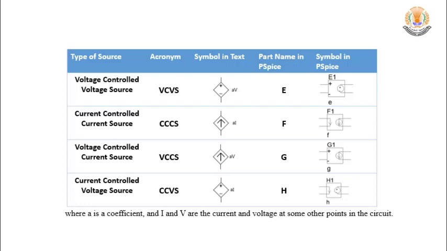Number 3 is a current source but controlled by voltage, so I'm going to call it voltage controlled current source. This is the part name in BSpice, and this is the symbol in BSpice. Maybe you will have similar in other software, but this is for BSpice or Spice. Clear?